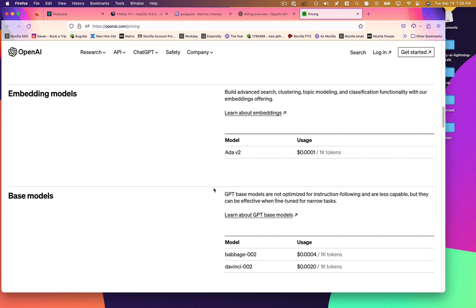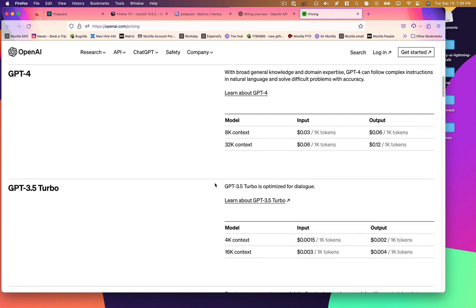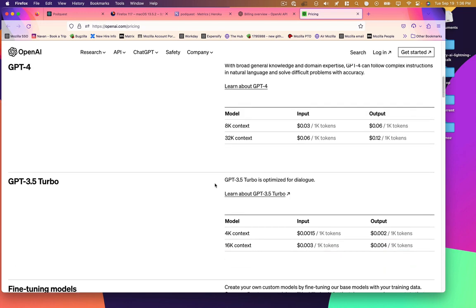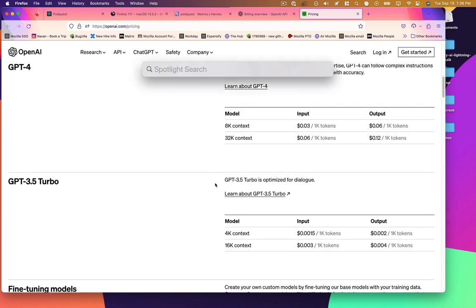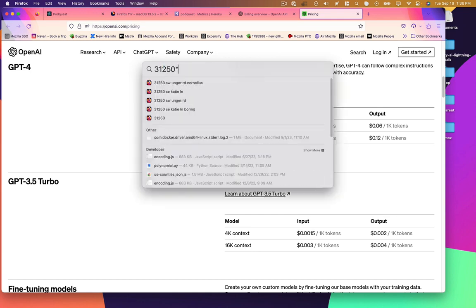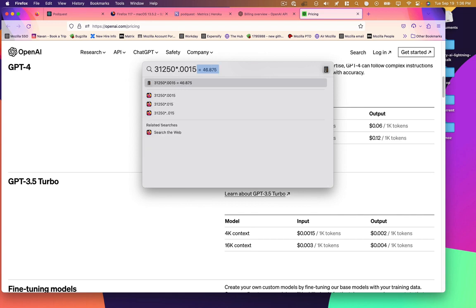But that means then that our input was, say, 31,250 tokens times 0.0015 divided by 1,000 tokens for that price.